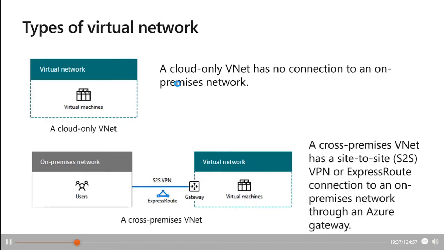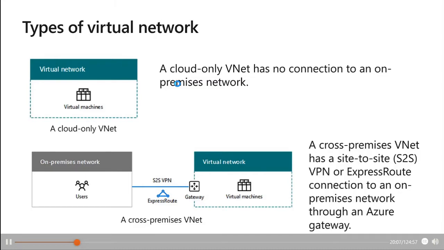So, types of virtual networks. I can have a cloud-only VNet that doesn't have any connection whatsoever to any on-premises network. Or I can have a cross-premises virtual network that has a site-to-site VPN connection or an ExpressRoute connection and expands our on-premises network.